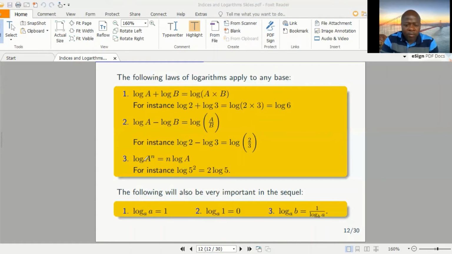And then the other law is that the log of a raised to n will be the same as n log of a, where the n goes before the log. For instance, if I'm given log of 5 raised to 2, I would write this 2 here, so 2 log of 5. And remember, the base is 10. This is silent, so it's 10.